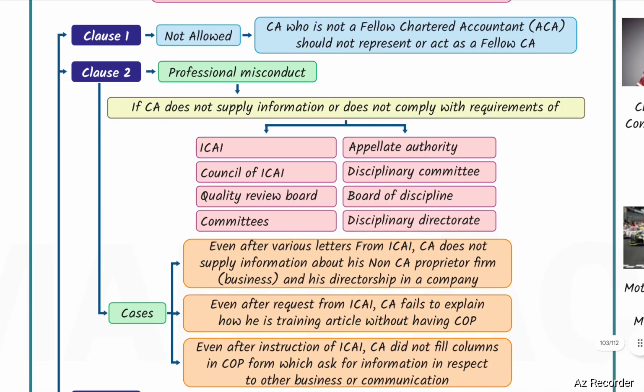Next, clause number 2, professional misconduct. If a CA does not supply information or does not comply with the requirements of ICAI, Council of ICAI, Quality Review Board, committees, appellate authority, disciplinary committee, board of discipline, or disciplinary directorate, he will be guilty.